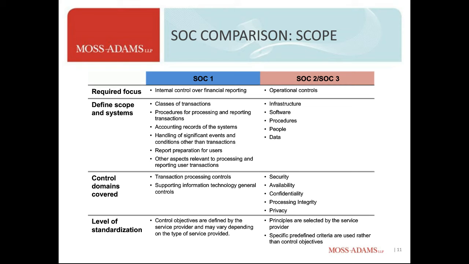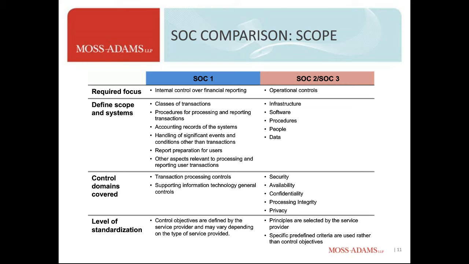And again, the level of standardization is something that I want everybody to look closely at. This is the main reason why it's important to develop a SOC 1 review process that is thorough and robust. The level of standardization of a SOC 1 report: control objectives are defined by the service provider and may vary depending on the type of service provided.